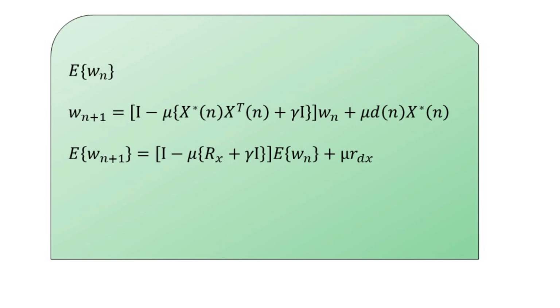Further, the last term is added on to the right hand side, that is equal to mu into the cross correlation small r suffix dx.